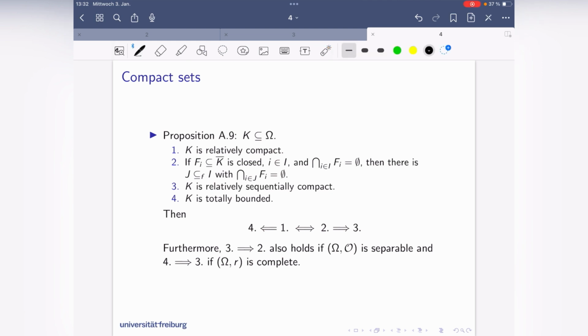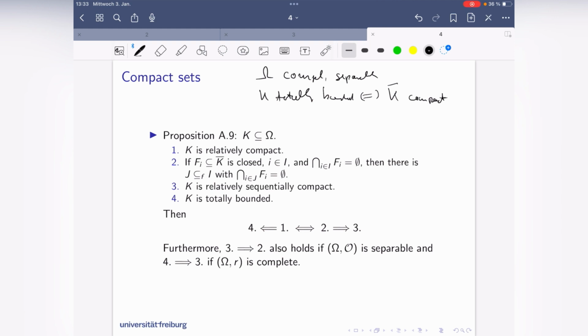So, omega complete and separable, you have K totally bounded if and only if K bar is compact.